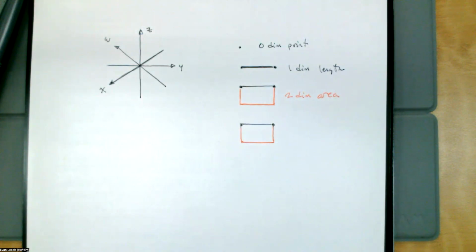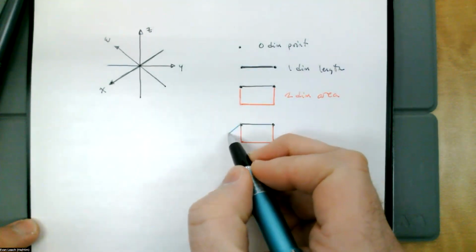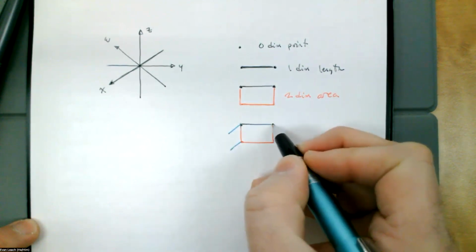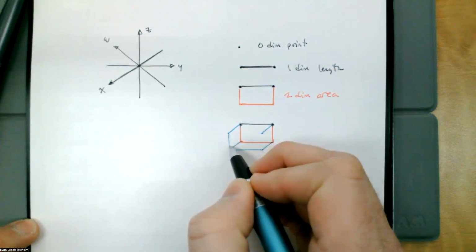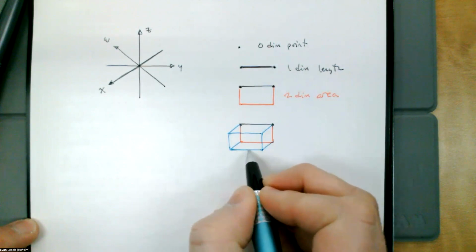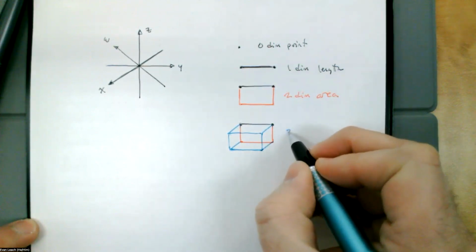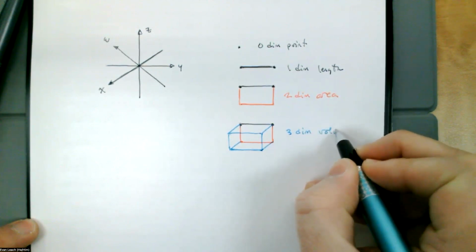Let me do this at an angle. Even though this is a 2-dimensional representation of a 3-dimensional object, we can still fool ourselves into thinking this is a 3-dimensional volume.